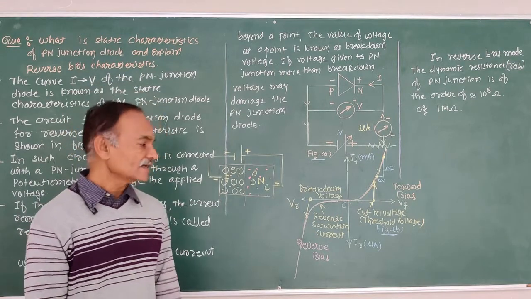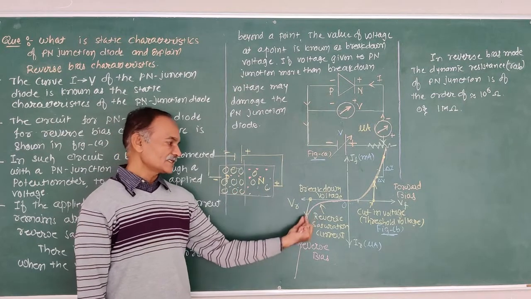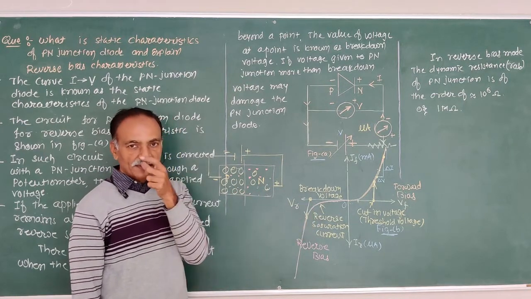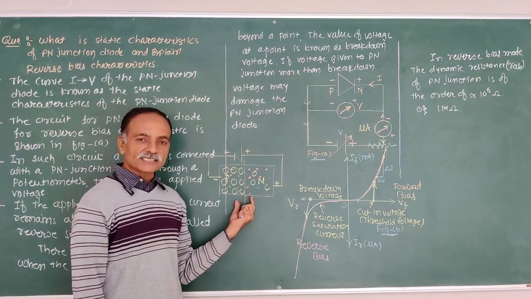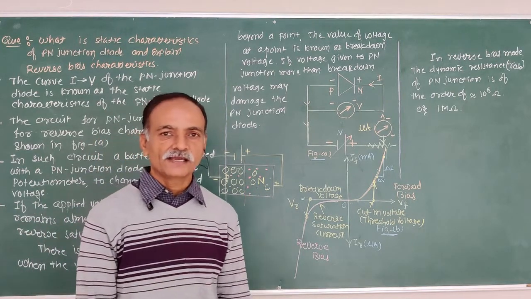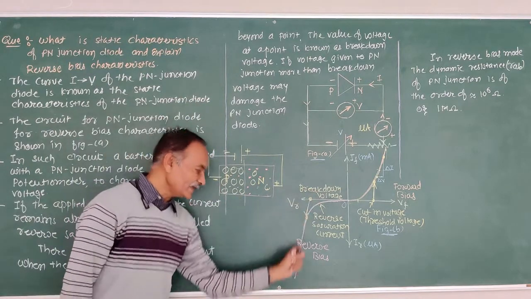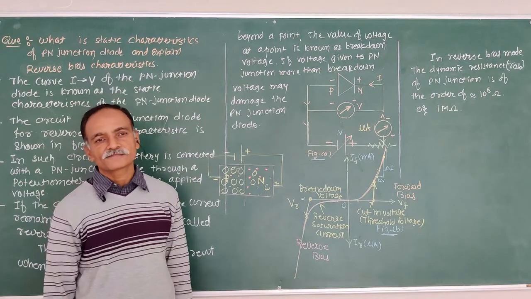As a result, a large number of covalent bonds are broken after this value of voltage. Due to the number of covalent bonds broken, electron-hole pairs are formed. As a result, a rapid increase takes place in the current.